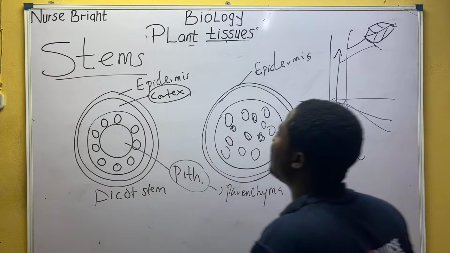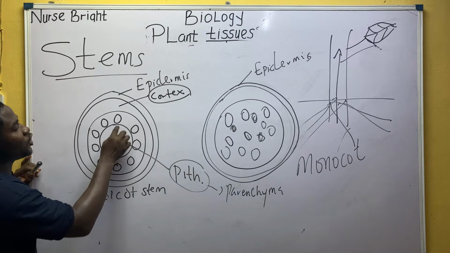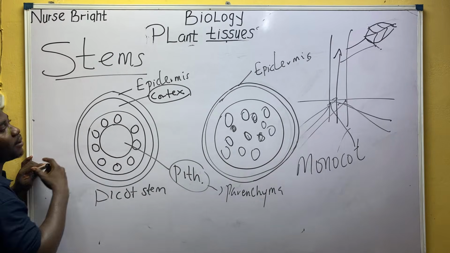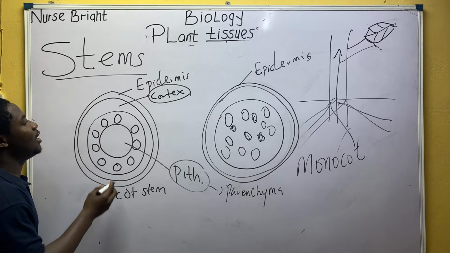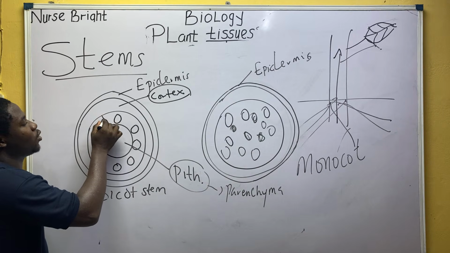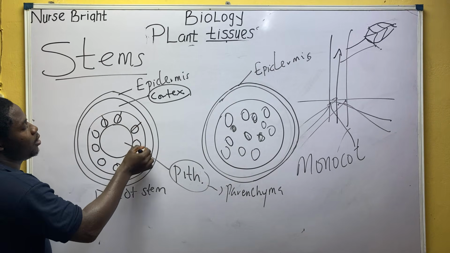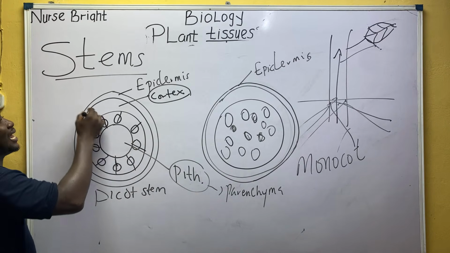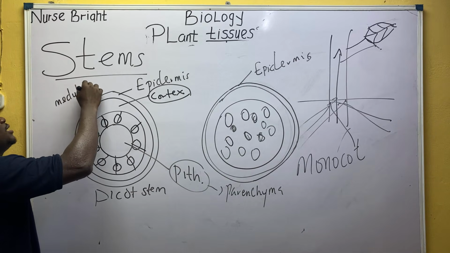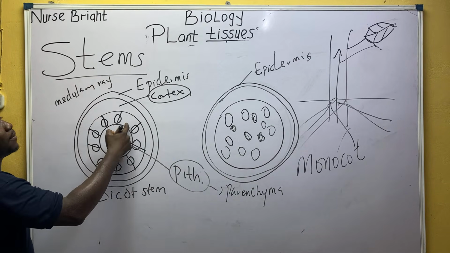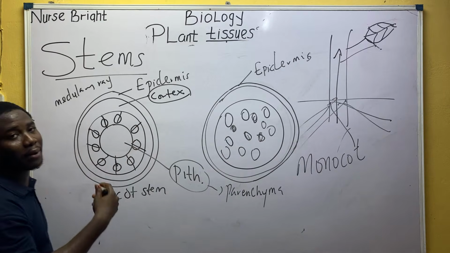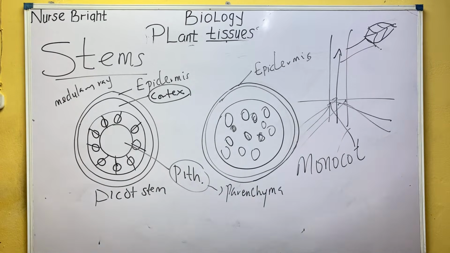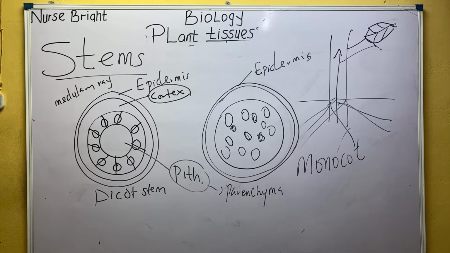Now, moving further, between the xylem and phloem tissue, all of them contain the cambium. There are also other structures that run like this. We call them the medullary rays. Medullary rays, they are lines. Between the xylem and phloem that are arranged in this order, we have the cambium.